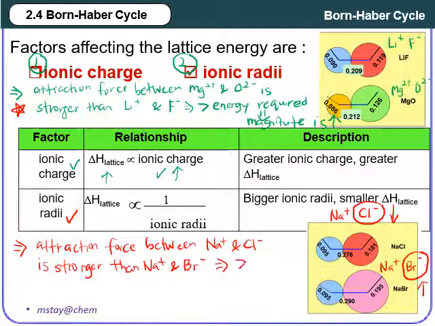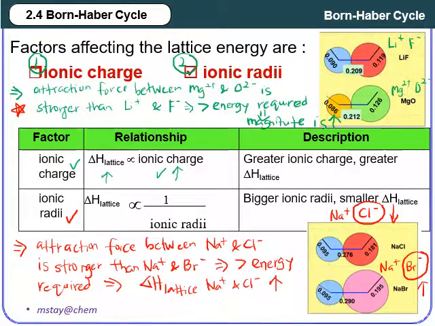Again, more energy is required to overcome the attraction between Na plus and Cl negative. So the magnitude of the lattice energy for Na plus and Cl negative is higher. From here we notice that the lattice energy is higher when the size is smaller. That's why we say it is inversely proportional.